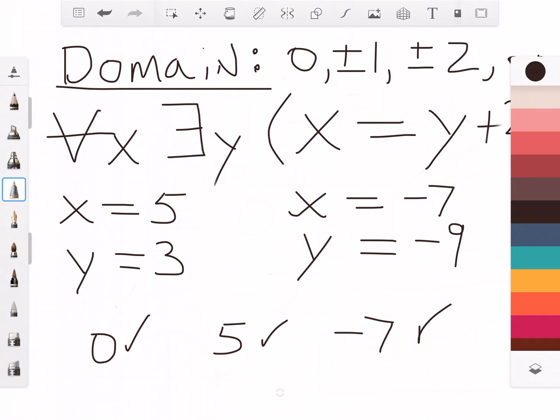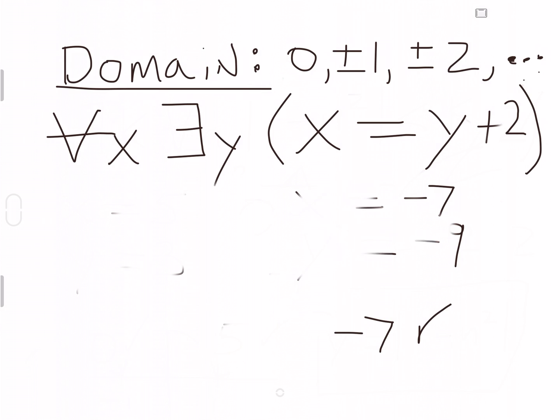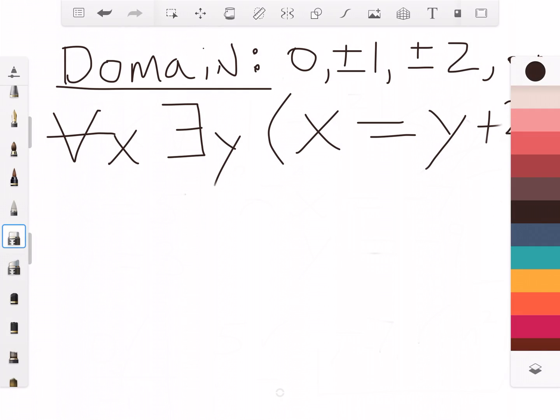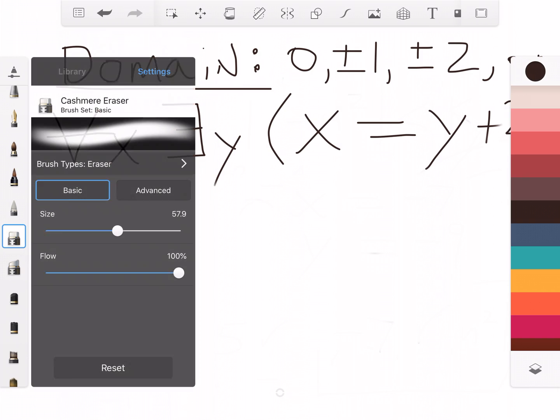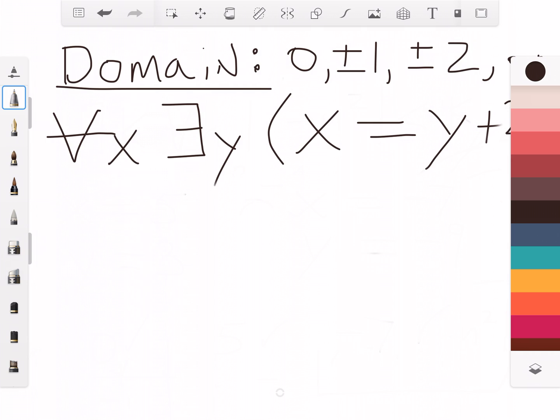One thing you may notice is that this equation, x equals y plus 2, is the equation of a line.